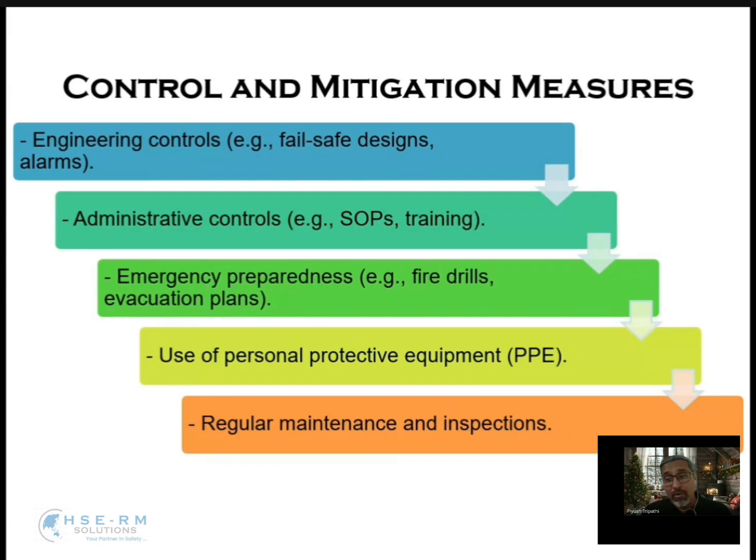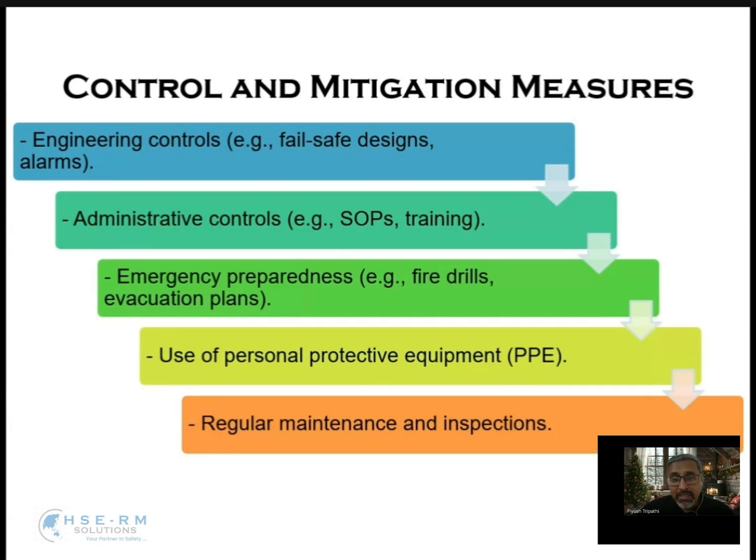So what type of controls are available? Based on that, the risk can be lower. How we can reduce the risk? Furthermore, by engineering control, by administrative control, emergency preparedness, PPEs and their use, and regular maintenance and inspection.